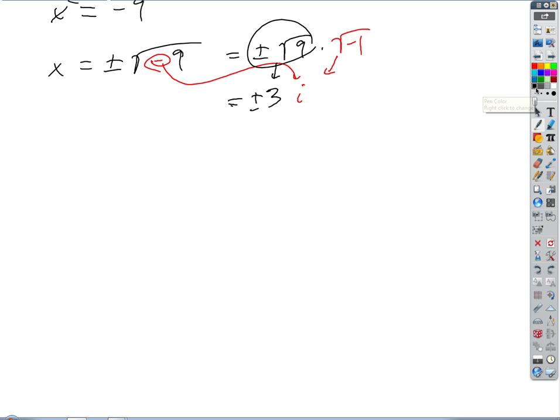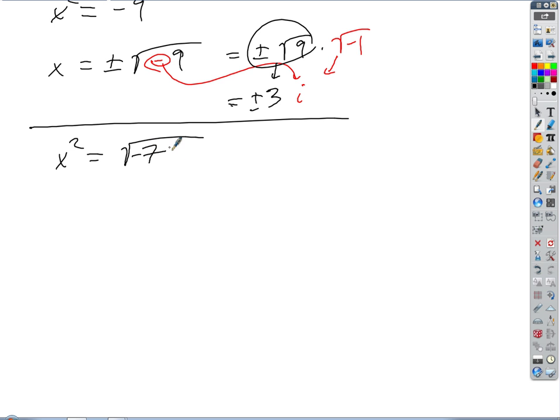I just want to point out a couple little things. So what if we had x squared equals the square root of negative 72? What are we going to get? How am I going to deal with that? Tell me some things I'm going to have to do to that.